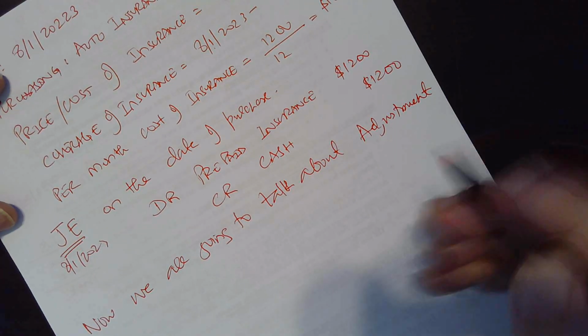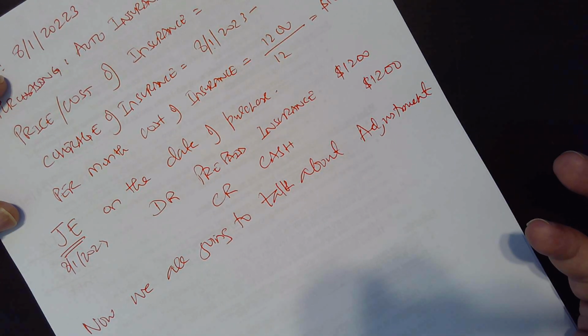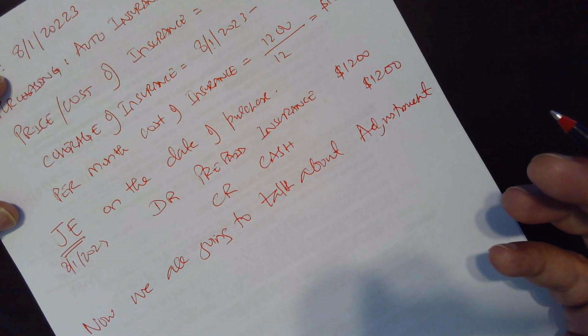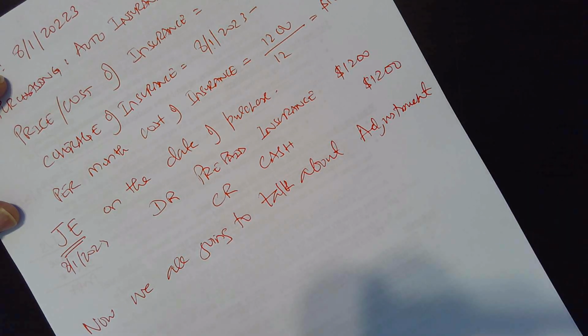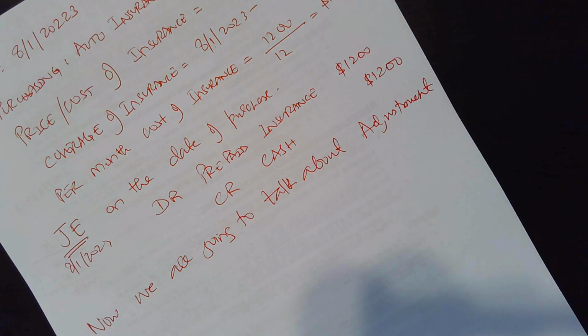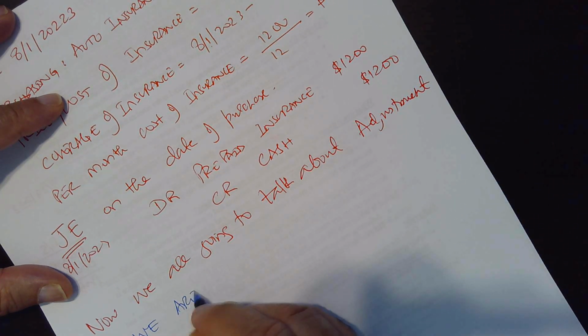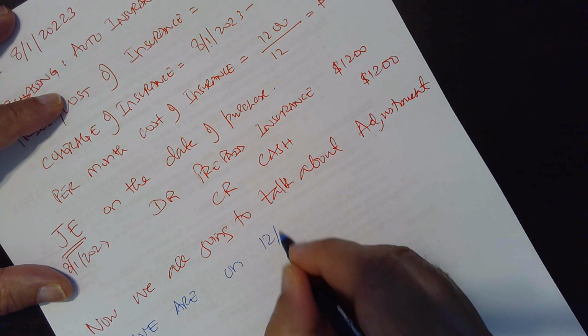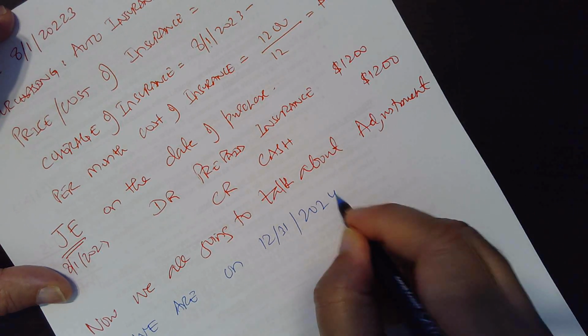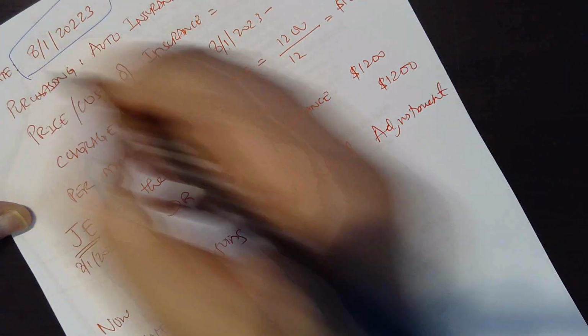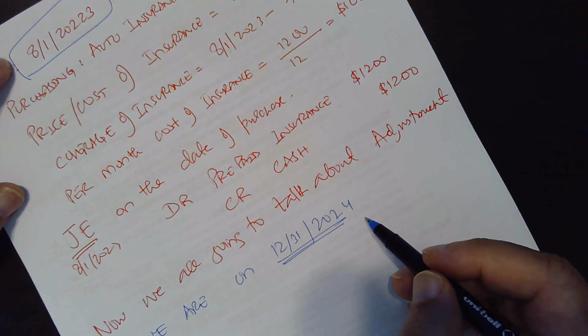Adjustment usually happens when you are making quarterly statements, monthly statements, and yearly statements. So suppose we are on December 31st, 2023. How many months have passed?